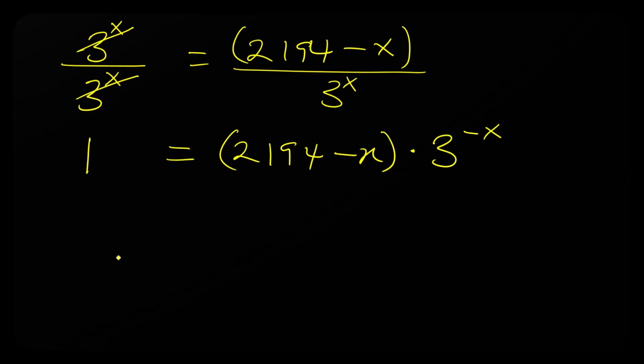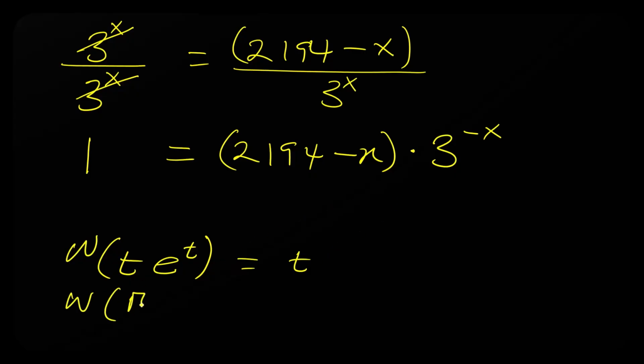When we have t times e to the power t, when we take the Lambert W function of this, the answer will be t. Now, W function of box times e raised to box, the answer is box. That is how the theorem works.